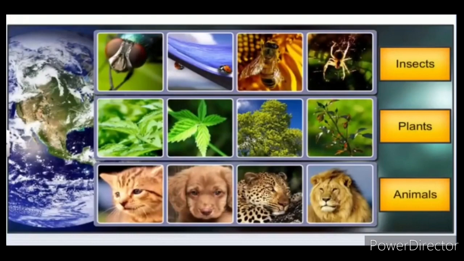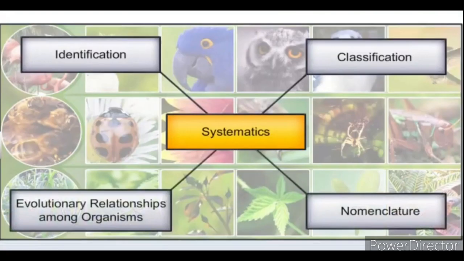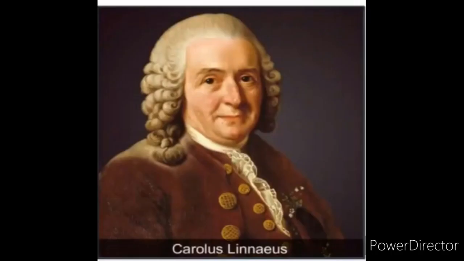What is taxonomy? Taxonomy is a branch of biology that deals with the study of identification, classification and naming of an organism. Carolus Linnaeus is the father of taxonomy.